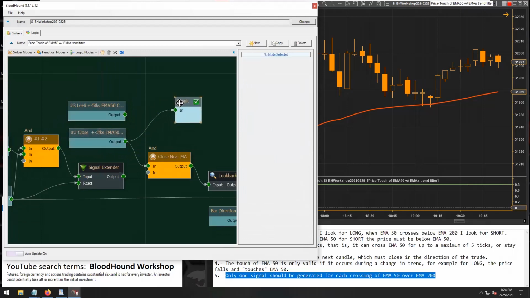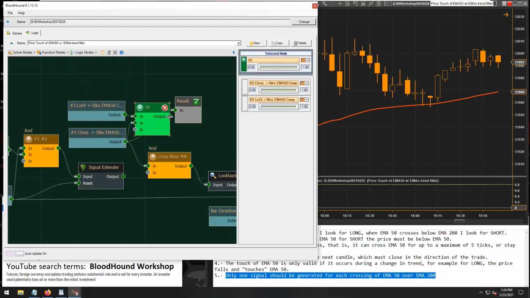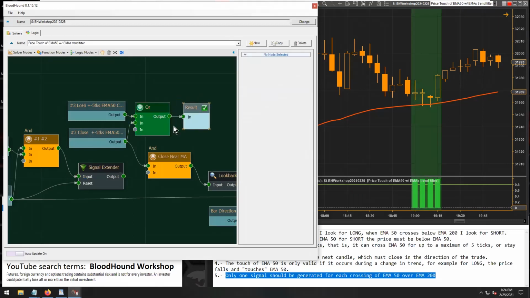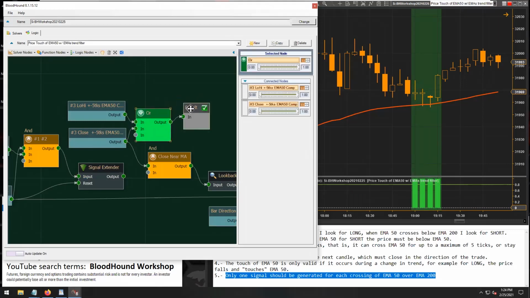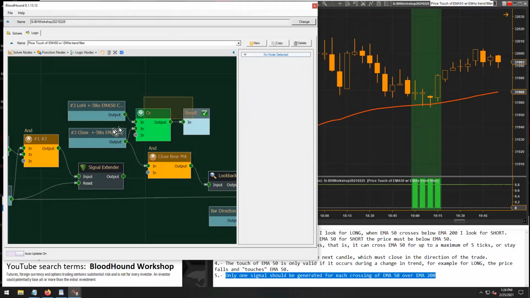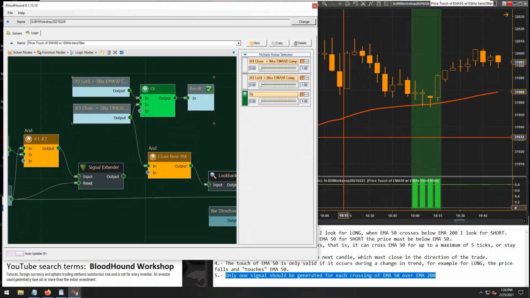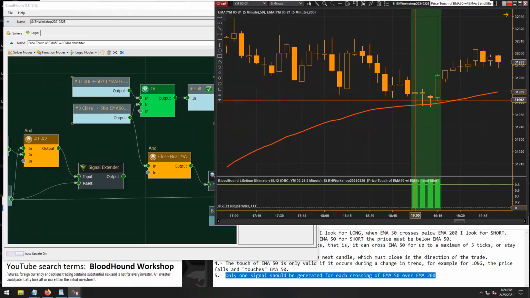And these two go into an OR node. So if we look at the logic here, we can see the low of the bar does get within that 5 tick range, and that would then qualify this for a signal there.